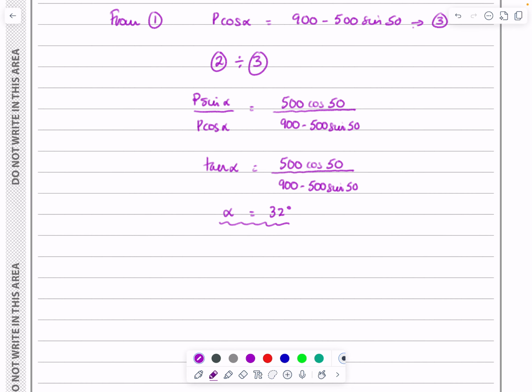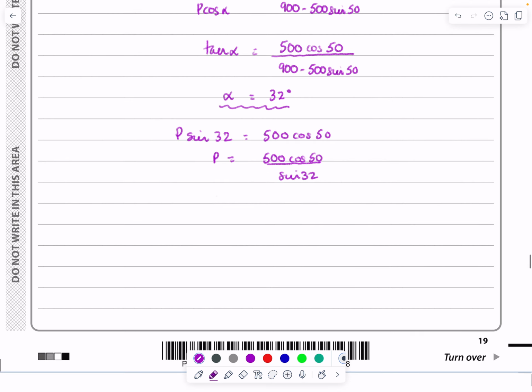I'm going to say P sine 32 is equal to 500 cos 50, so P is equal to 500 cos 50, all divided by sine 32. So P works out to be equal to, in this case, 610 newtons. And I've done that to 2 significant figures.